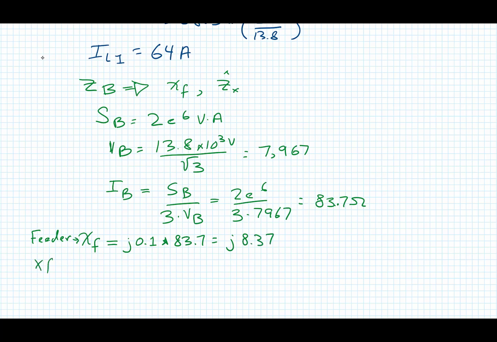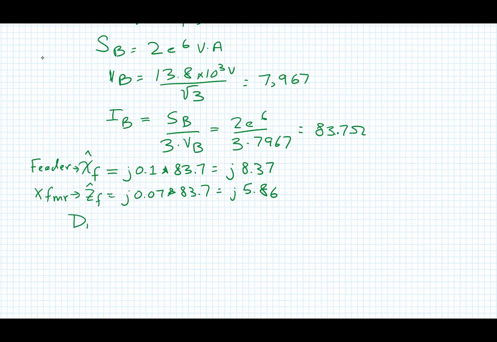The transformer, the ohmic impedance is j0.07 times 83.7, and that is j5.86.